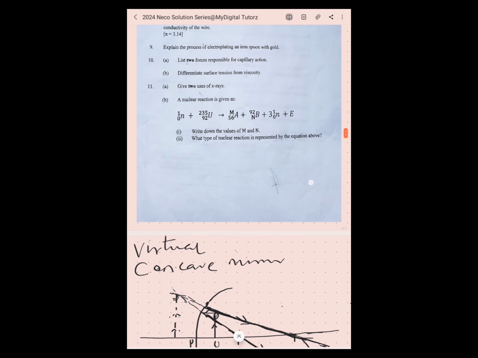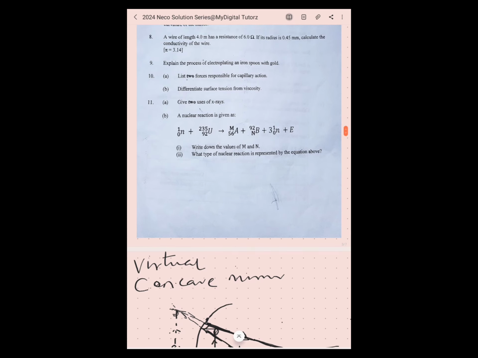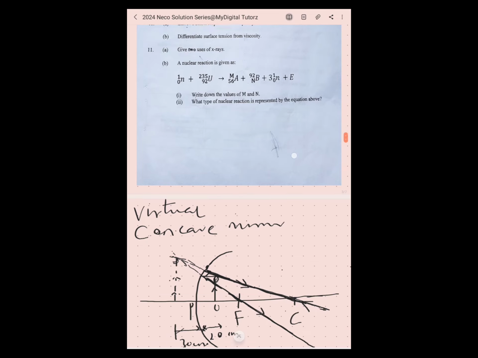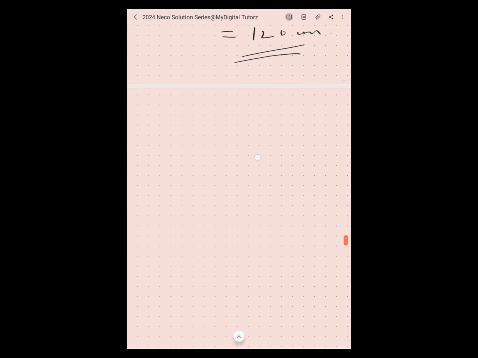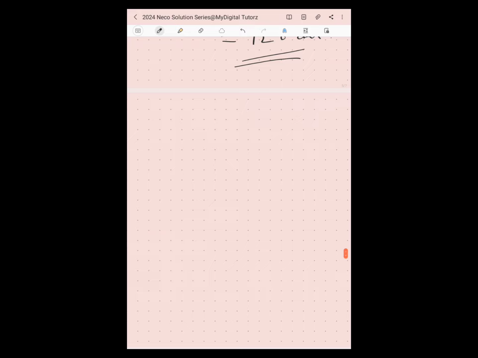Question 8 says a wire of length 4 meters has a resistance of 6 ohms if its radius is 0.45 millimeter. Calculate the conductivity of the wire, given that pi is 3.14. So, question 8.